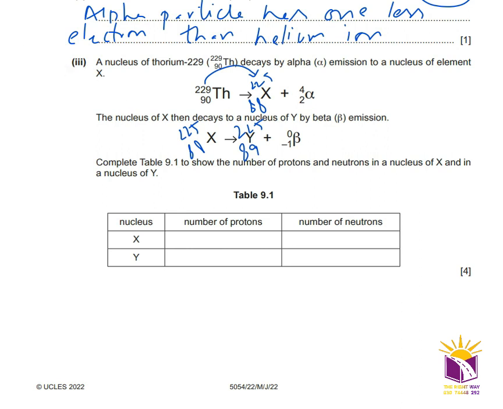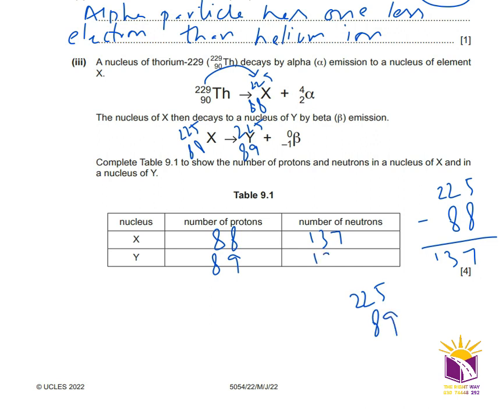So over here 225 and 88 will become 225 and 89. So first, X contains how many protons? 88, and Y contains 89 protons. And the number of neutrons: 225 minus 88 will be equal to 137, and 225 minus 89 will be 136.